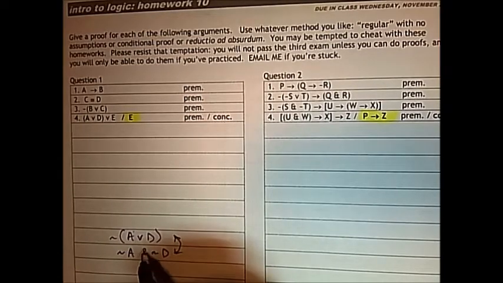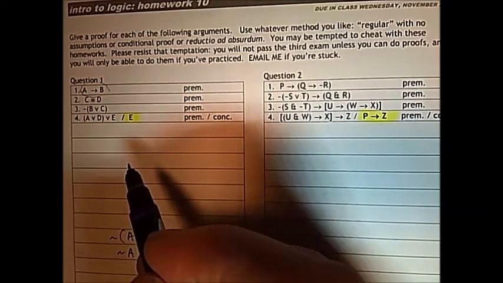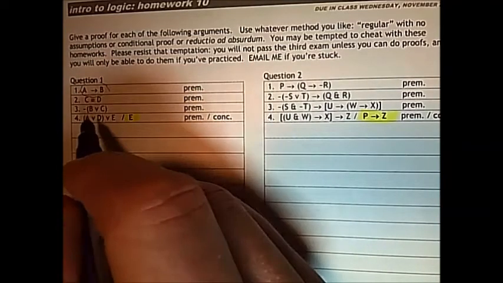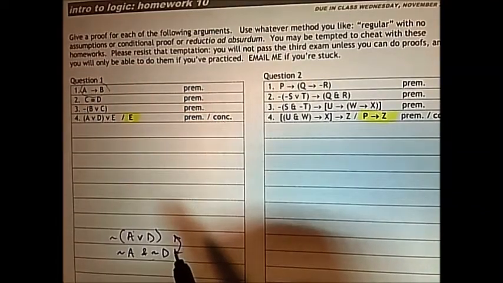So you think to yourself, all right, now my new target is to get not A and also to get not D. Well, you can get not A out of this once you have done something to this one, something involving a person's name that we've just mentioned.